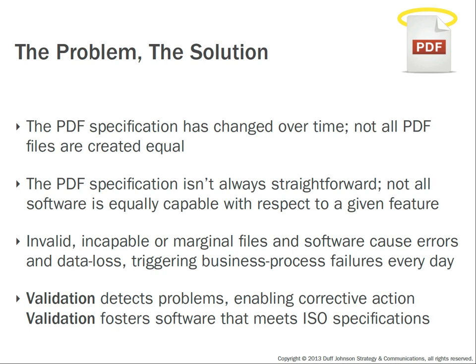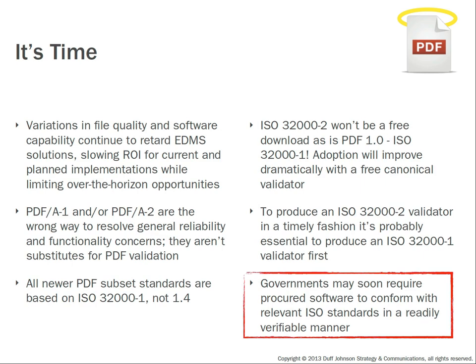What could we do about this? Validation, in principle, would detect problems in authoring software and in PDF files themselves, and the advancement of the idea of validation would tend to foster software that meets the specification and does a good job.